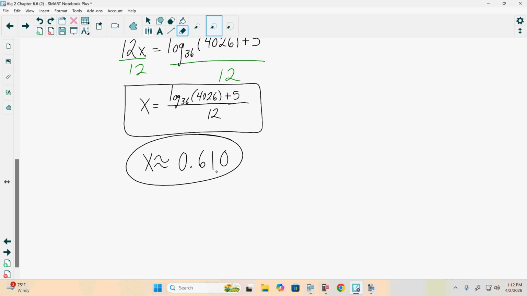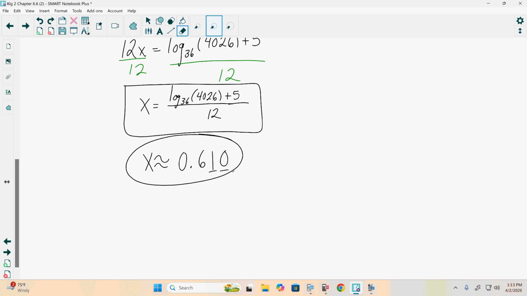Now, yes, we do need that 0 to signify we rounded to the third decimal place, and that third decimal place went from a 9 to a 0. It rounded up. Anytime one of those decimals goes from 9 to the next 10 and zeroes out, we have to put it. Even if both of these rounded up, because we had 9, the fourth decimal says we round up.